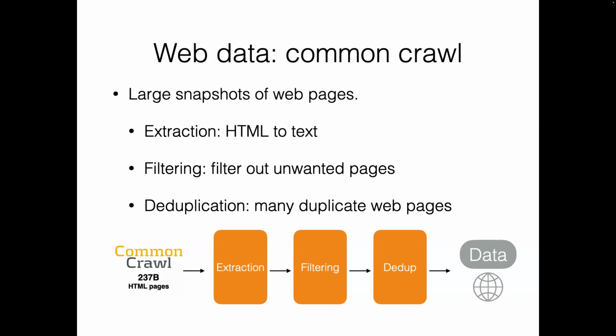Either duplicate content, or literally the exact page is duplicated many times in these massive data sets. And so it's very important to do some amount of deduplication when you're constructing the pre-training data set. And then if you do these three things, you can get this final pre-training data.